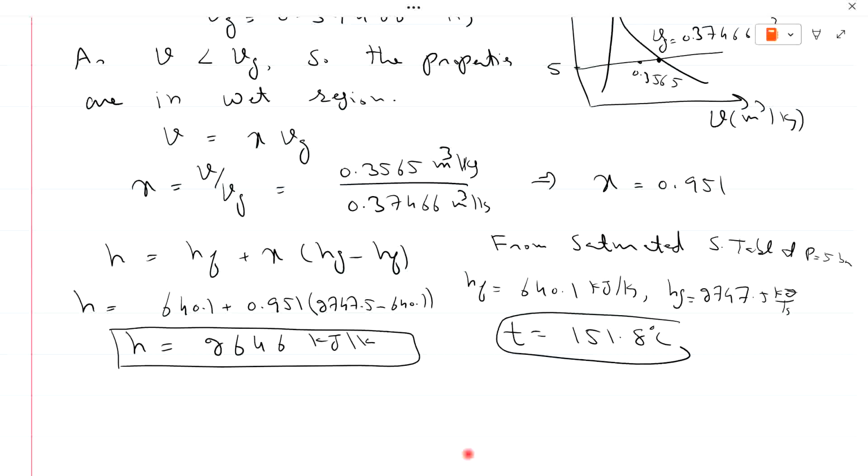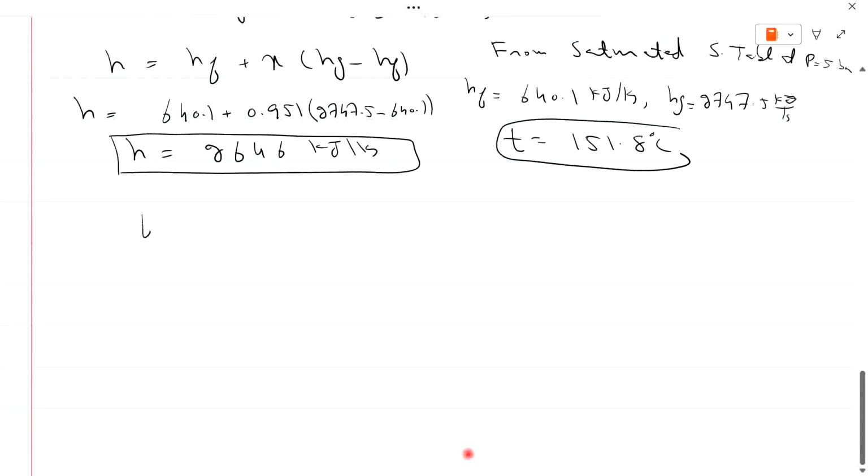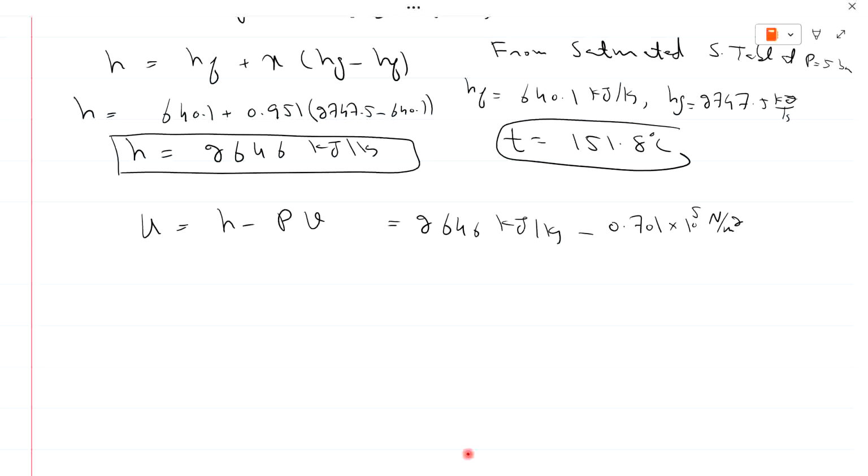Now to find U, we use the formula U is equal to H minus PV. The value of enthalpy H is 2646 kilojoule per kg minus P. The value of pressure is 5 bar. Convert bar into Newton per square meter: 1 bar is equal to 10 power 5 Newton per square meter. The value of specific volume is 0.3565 meter cube per kg.